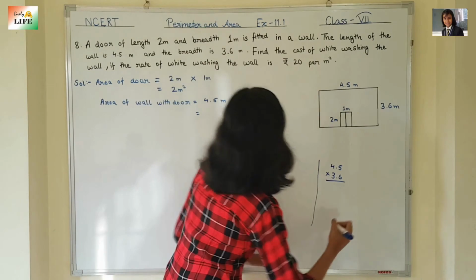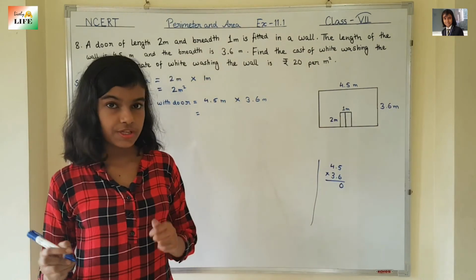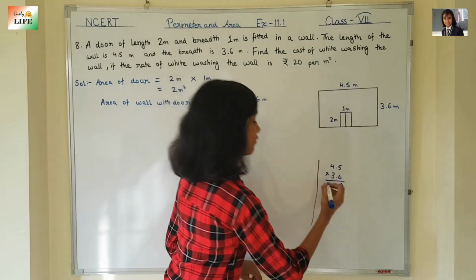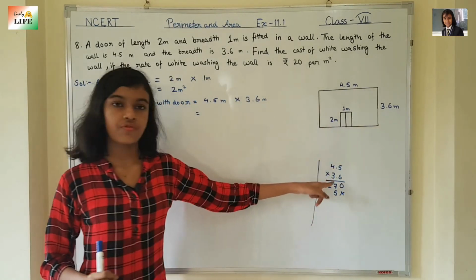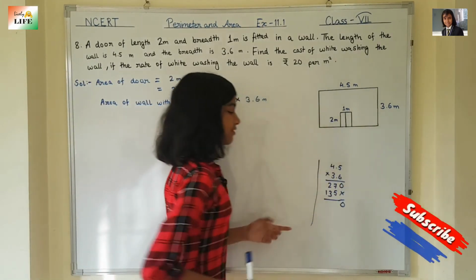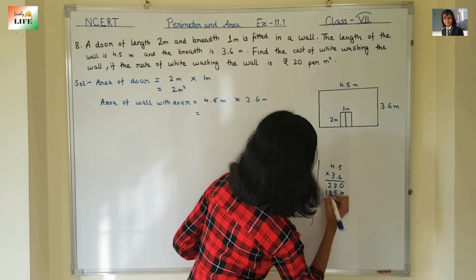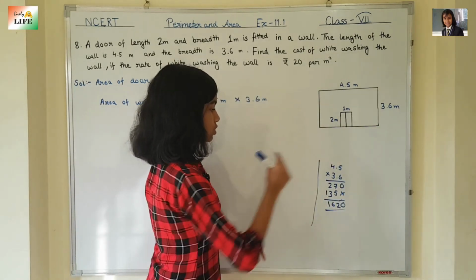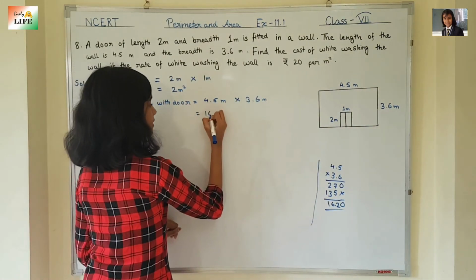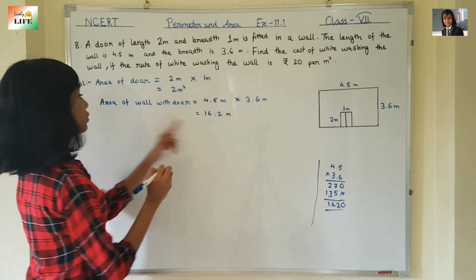Multiply. Now 6 5s are 30, 3, 6 4s are 24, 24, 25, 26, 27, 5 3s are 15, 1, 4 3s are 12, 13, 0, 7, 8, 9, 10, 11, 12, 1, 3, 4, 5, 6 and 1. 1620 decimal 16.2. 16.20, we need not write 20. 16.2 meters square.